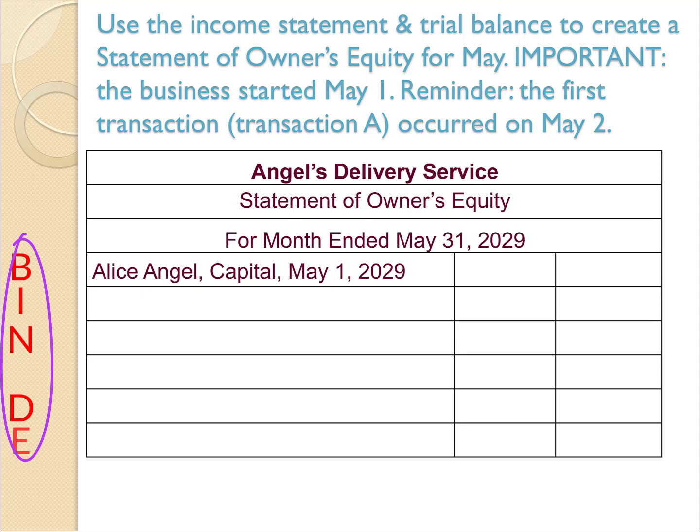2029. And then we need the capital amount on May 1st. Now remember, the note up above says that the business started May 1st, and the first transaction, which as you may or may not recall was an investment, was on May 2nd. So what was the balance of anything on May 1st?